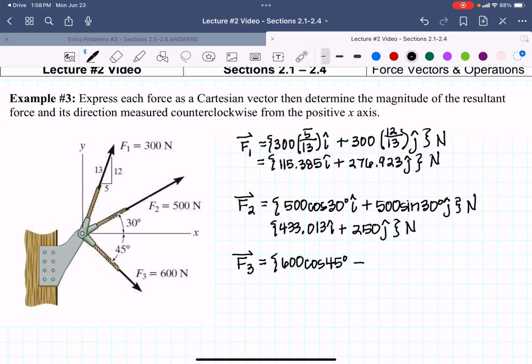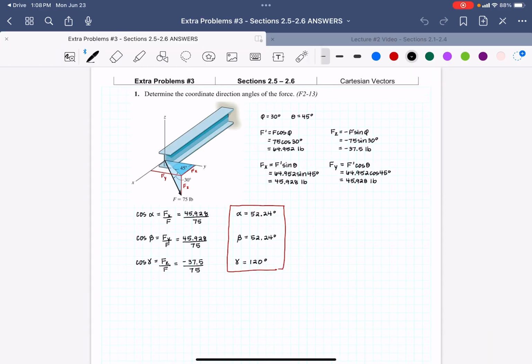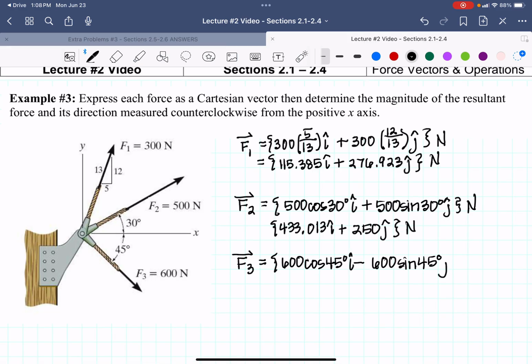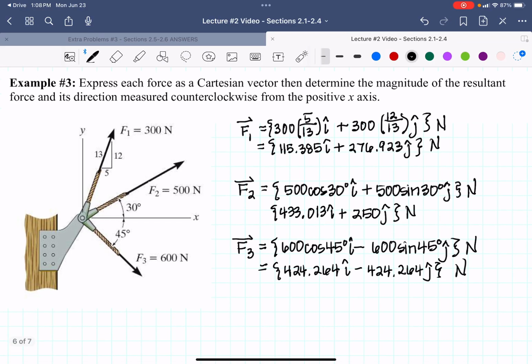The y, though, is negative because it's pointing down, minus 600 sine of 45 degrees J-hat newtons, which when I put it in my calculator, I'm going to get 424.264 in the I-hat and 424.264 in the J-hat. So I've got all my 3 forces written as Cartesian vectors.